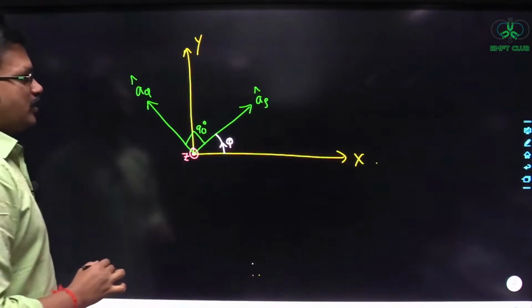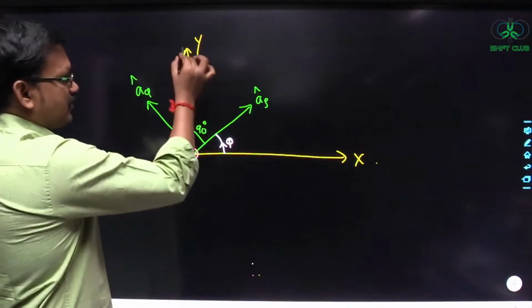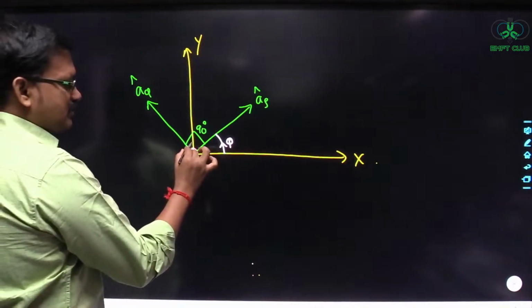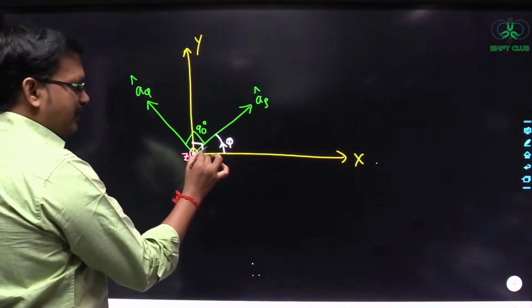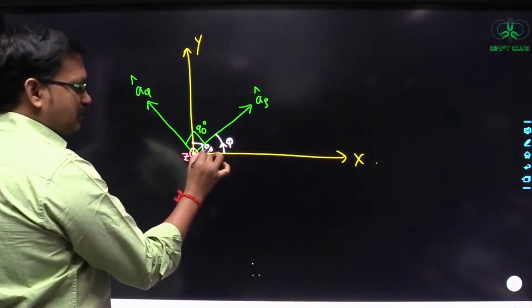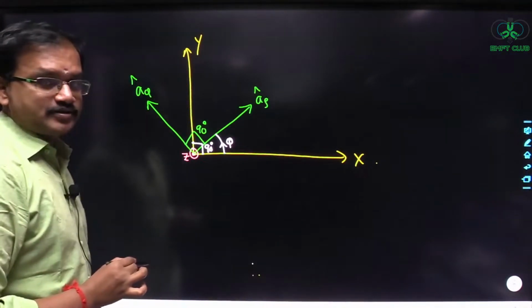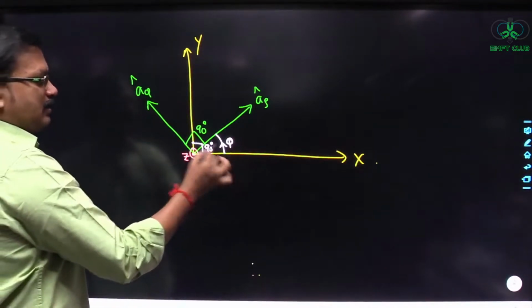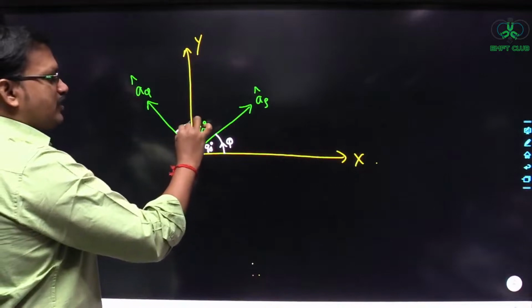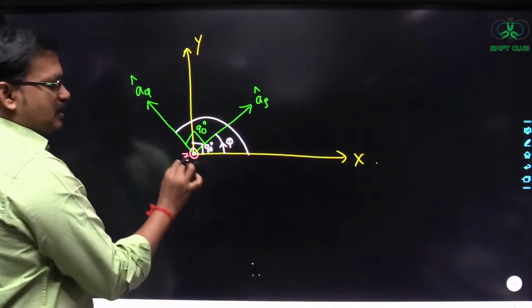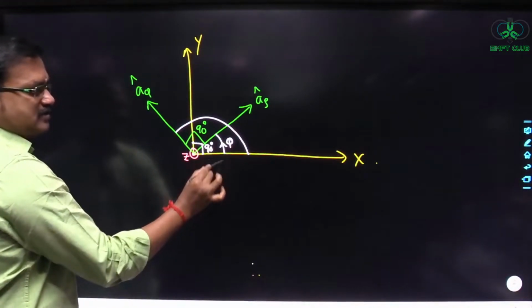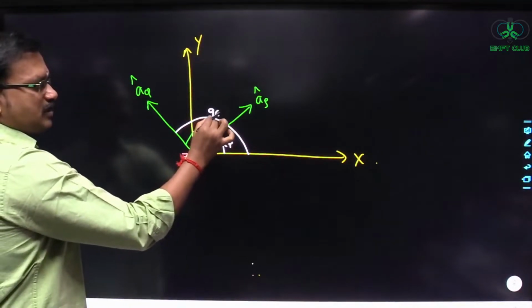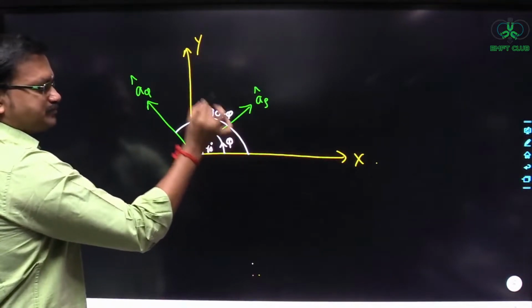Next, what is the angle between the y-axis and x-axis here? This angle is nothing but 90 degrees. Right. Next, what is the angle between A phi cap and the x-axis? This angle is 90, this angle is phi, so this angle is nothing but 90 plus phi, right?